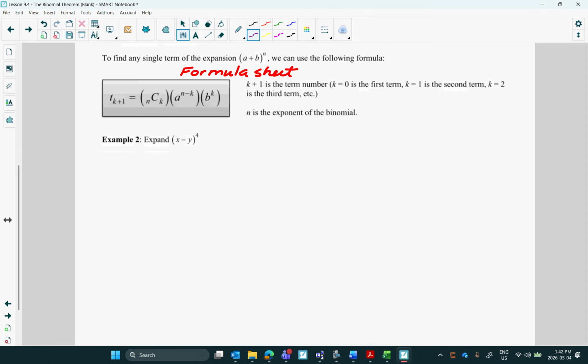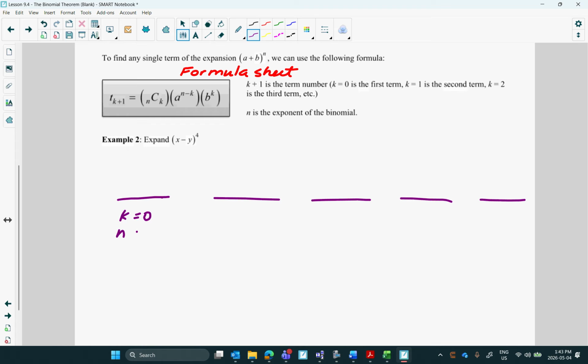So, let's say we want to expand this. And we're going to use this formula. How many terms are going to be in the answer? 5. The first term. Okay, remember, for the first term, k is 0, isn't it?